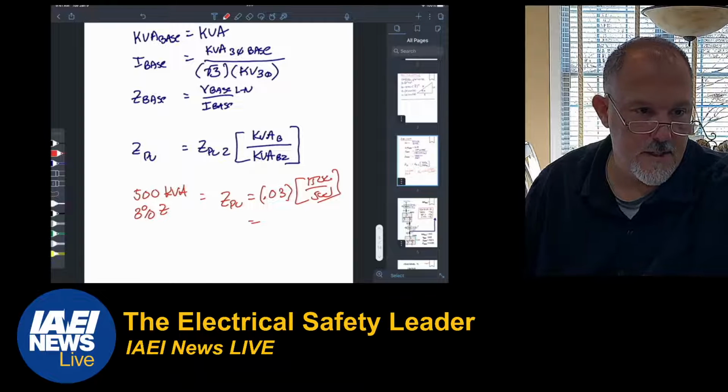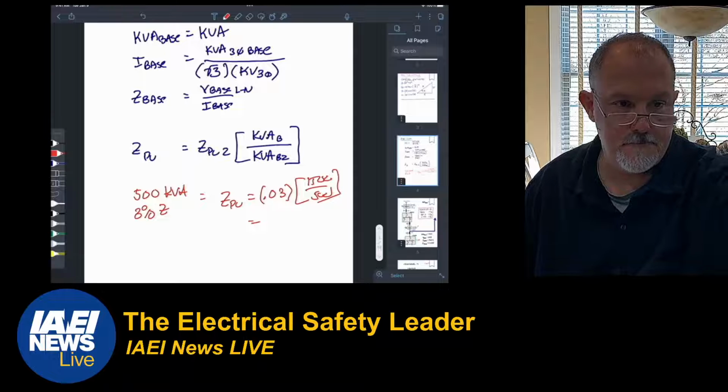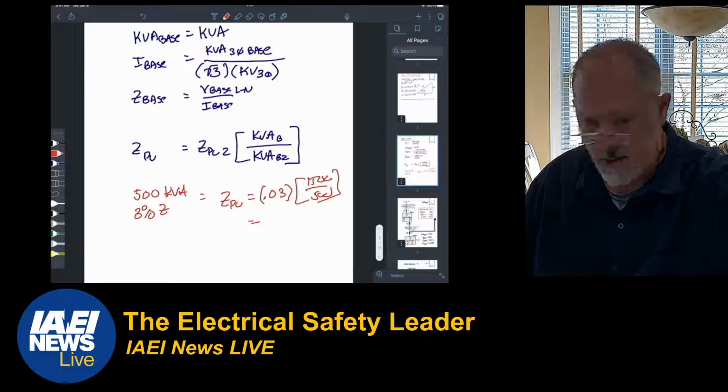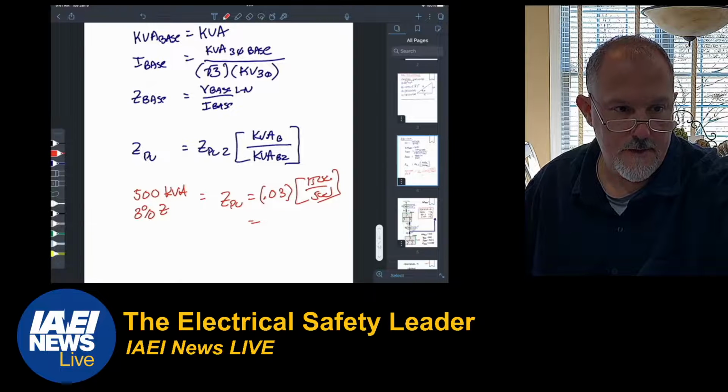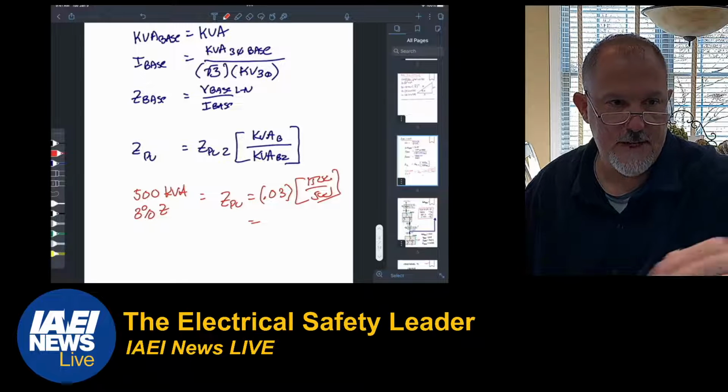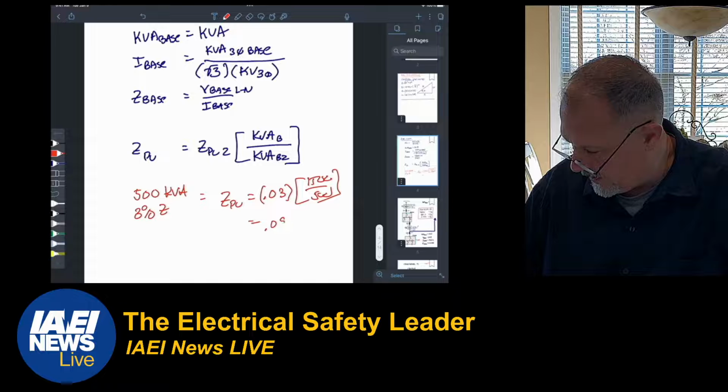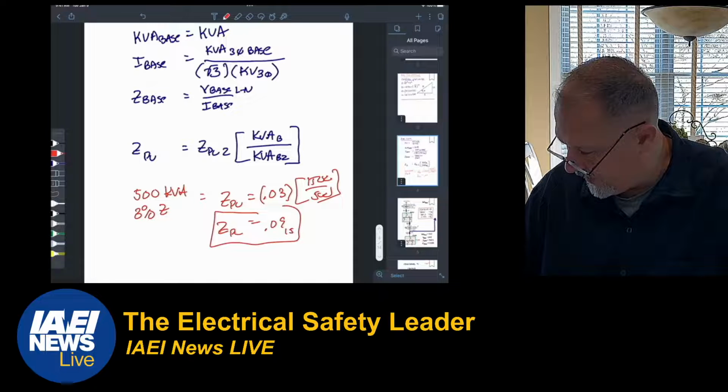And I'm going to use this as my calculator. So I take 0.03 times 1500, divide by 500, and that is 0.09 on a 1500 kVA base.